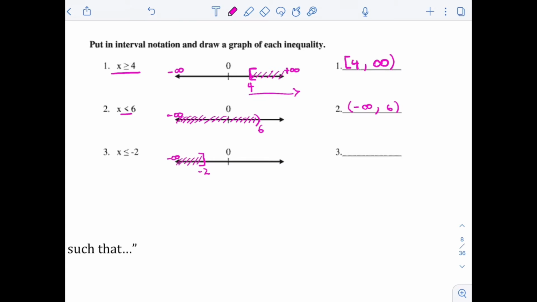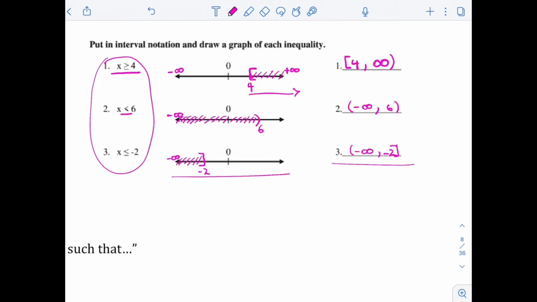So that's going to be parenthesis negative infinity, and then negative 2, bracket, for the interval notation. So that's how you write inequalities into number line, you graph it, or you write it in interval notation.